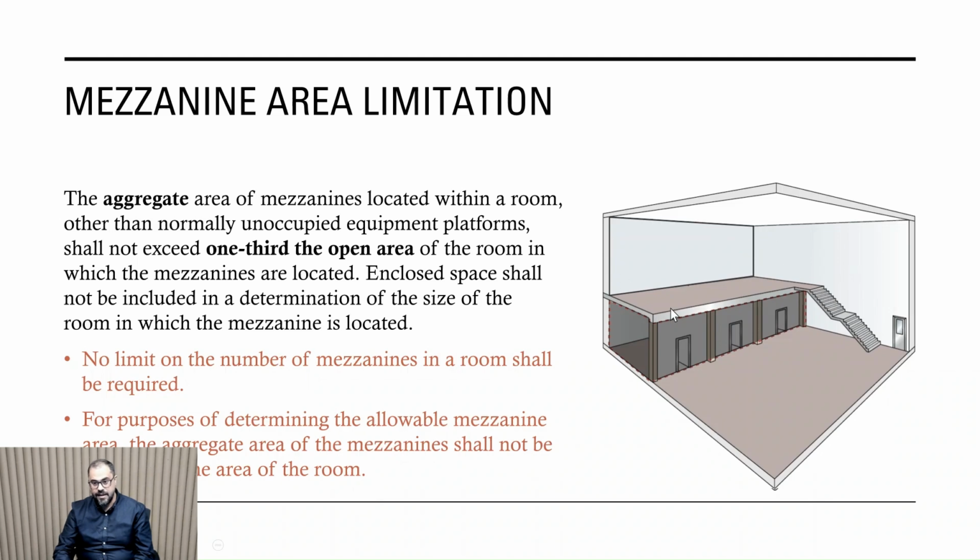The aggregate area should be measured based on this free open area in the floor below, excluding this enclosed portion of the floor below the mezzanine. The mezzanine area shall not exceed 1/3 of the open area of the room in which the mezzanines are located.